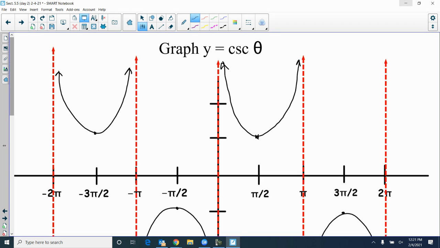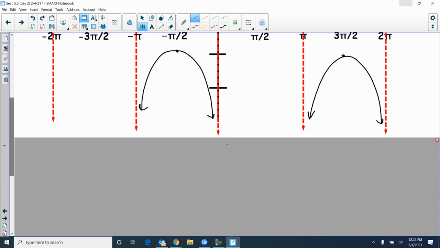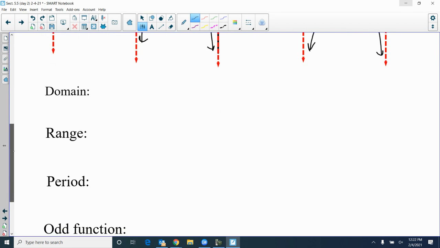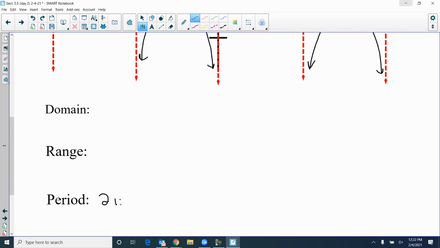So basically, if it was pi, then this would have to repeat itself in the top part the whole way over. Since it goes down below here, it doesn't repeat itself until it gets actually back to 0. So it's actually 2 pi is the period for this one.